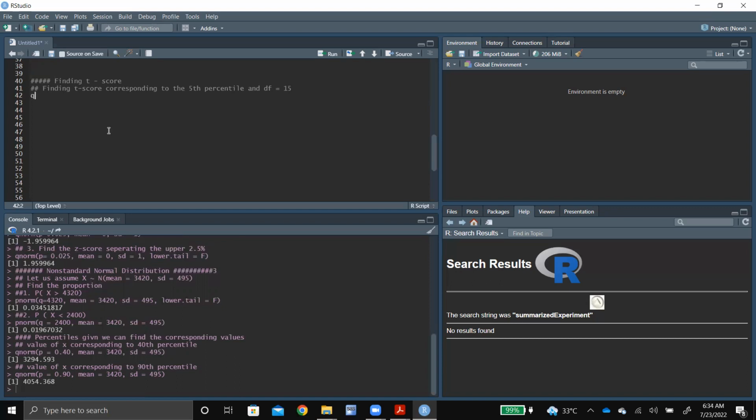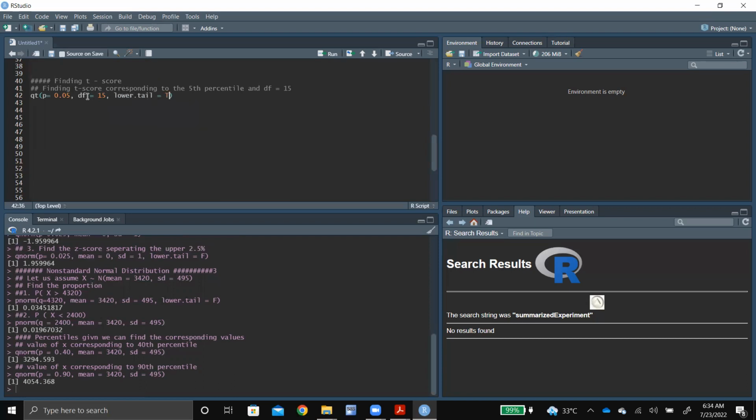So for this case, to find the t-score corresponding to the 5th percentile, we have to use the function qt, and we have the proportion p equal to 0.05, and the degrees of freedom equal to 15, and lower.tail equals false.